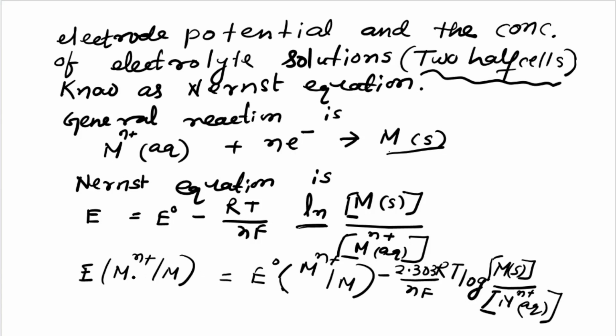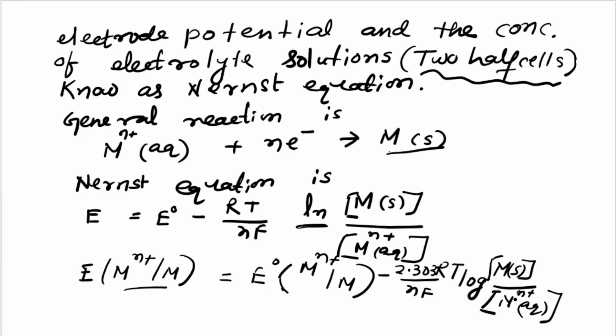If you put that particular electrode, then what do you write? E of M n plus oblique M, this electrode potential, is equal to E0, the standard electrode potential of the same electrode, M n plus oblique M, minus 2.303 RT by nF log of the molar concentration of M solid divided by the molar concentration of M n plus aqueous.